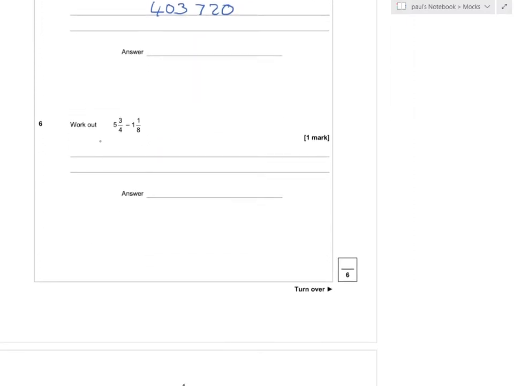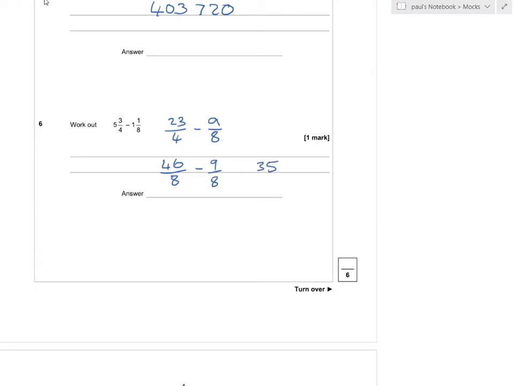So we're going to add these two together. So turn them into top heavy. So that becomes 4 5s are 20 plus 3 is 23 over 4 minus 9 over 8. I'm going to make that into eighths, so I'll just double everything there. 46 over 8 minus 9 over 8. 46 take away 9 is 35.